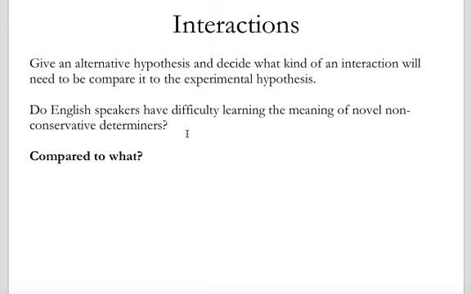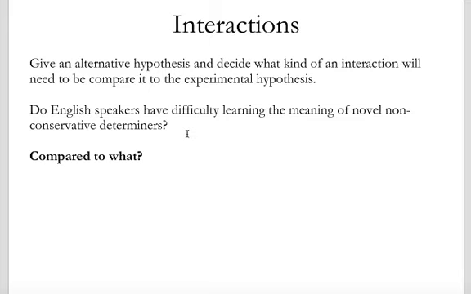And doing this kind of exercise can help actually sharpen our understanding of what we're really trying to get at in the research. So if you change English speakers to, I don't know, Spanish speakers, we're going to get one kind of a comparison. Do English speakers have difficulty learning these items compared to Spanish speakers?